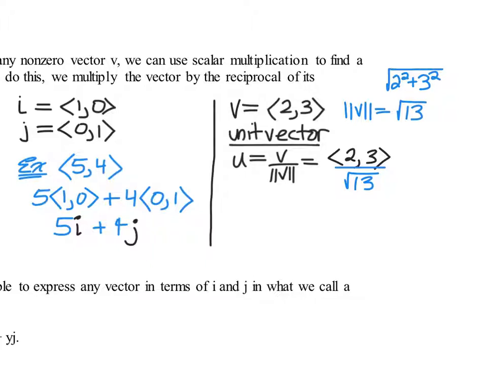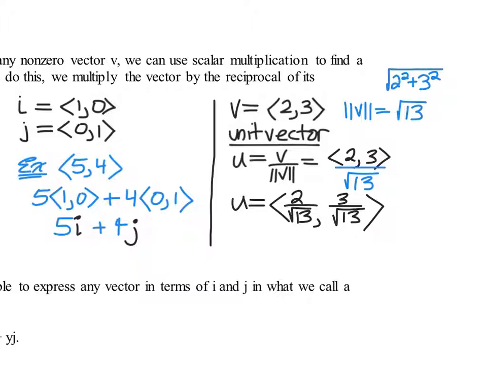Now I can clean it up further and make my new unit vector 2 over radical 13, 3 over radical 13.